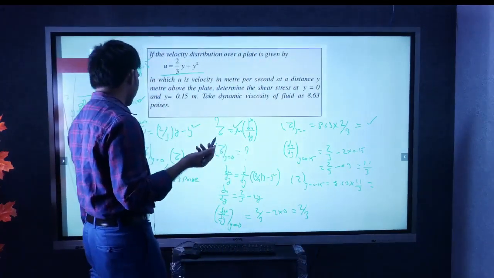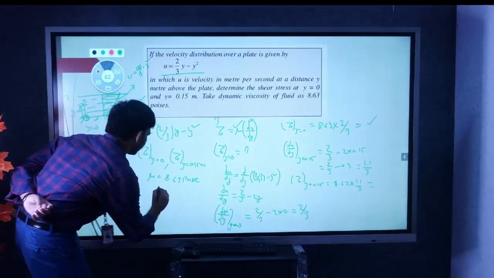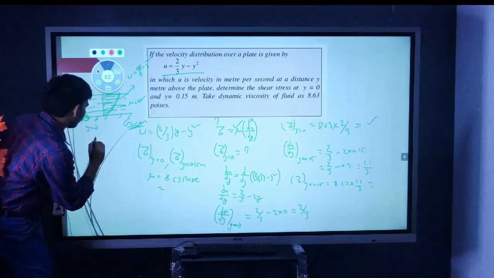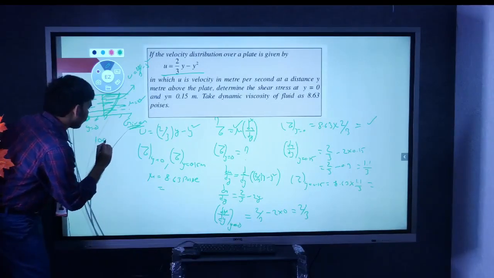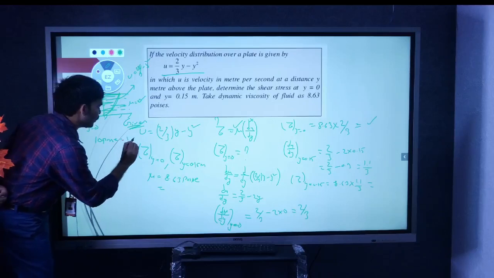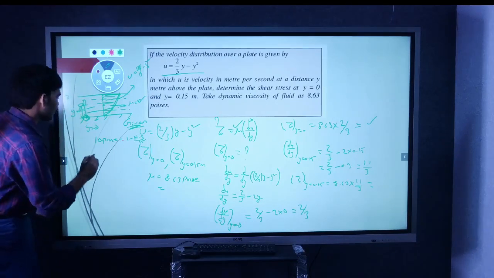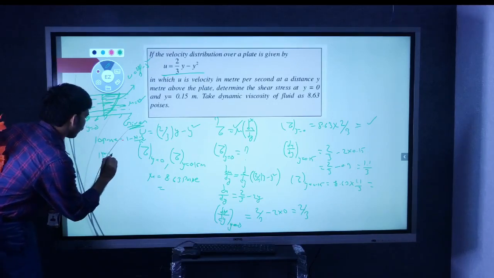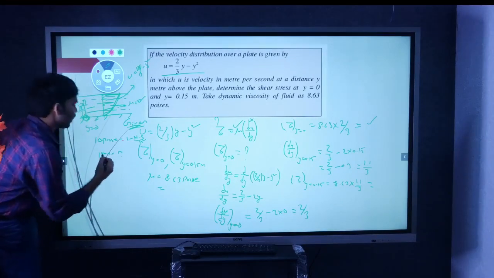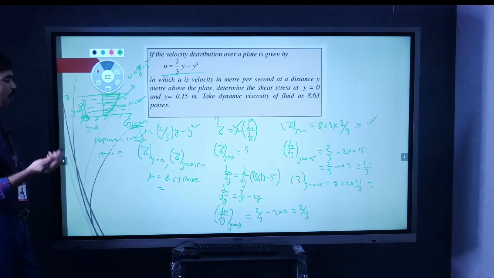If you convert it into Newton second per meter square, we know 10 poise is equal to 1 Newton second per meter square. So 1 poise will be equal to how much? Divide by 10, or multiply with 0.1.